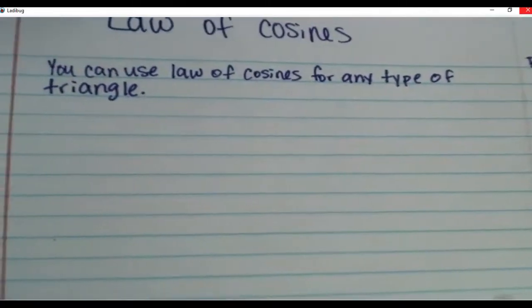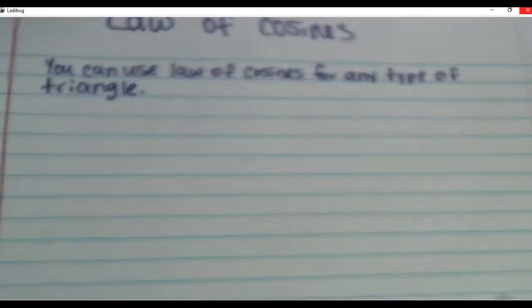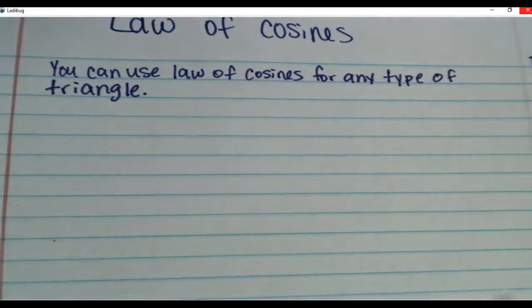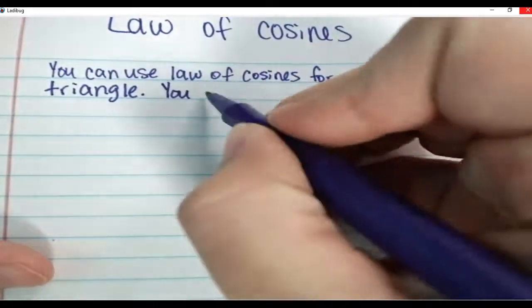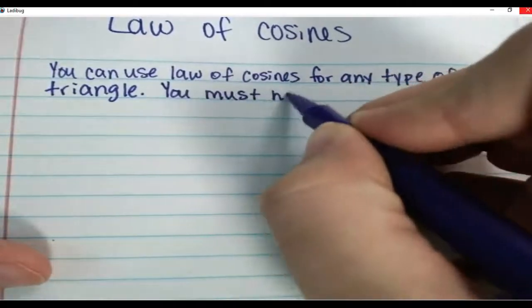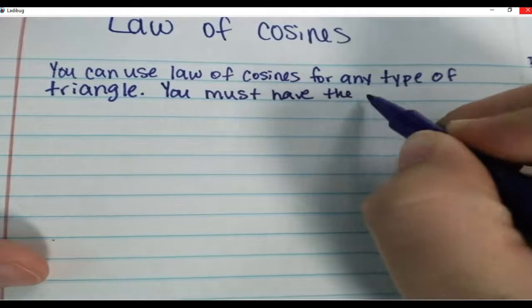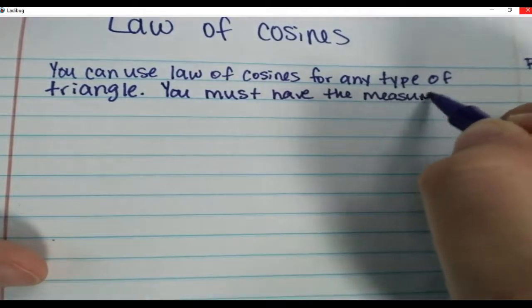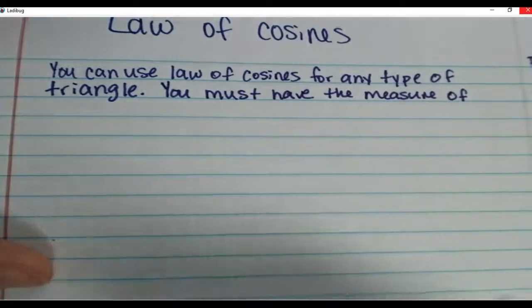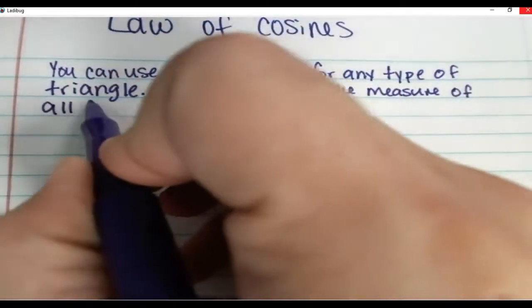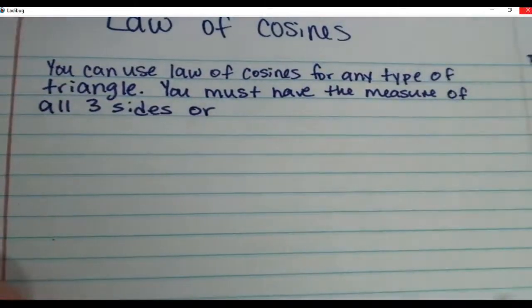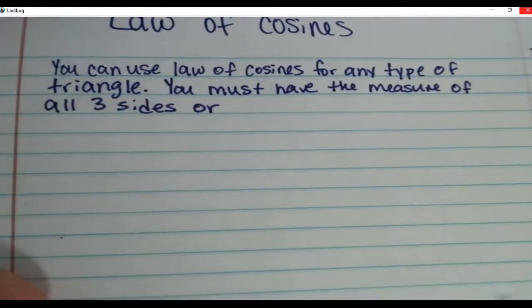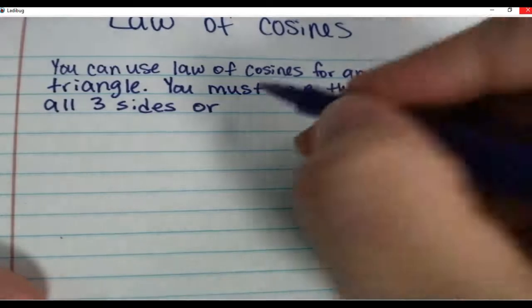So yesterday, in order to do law of sines, we had to know a side and the angle opposite from it. So for cosines, you can have two different things going on. You must have the measure of all three sides or two sides and the angle between.